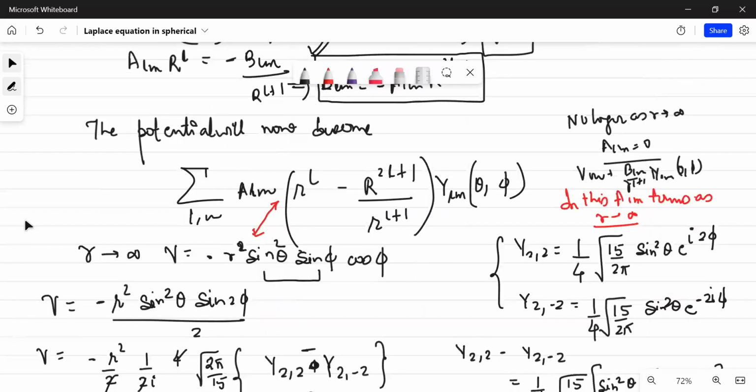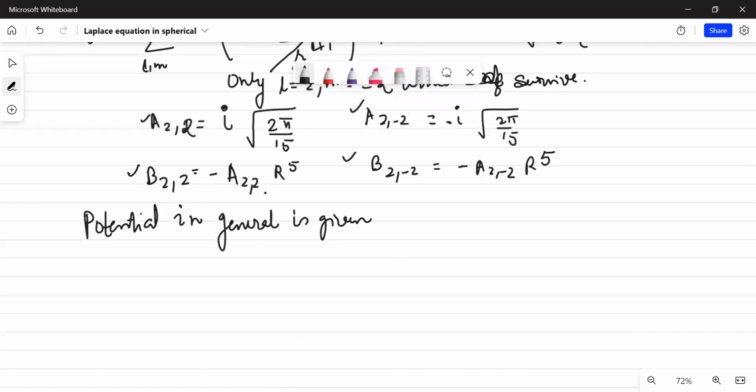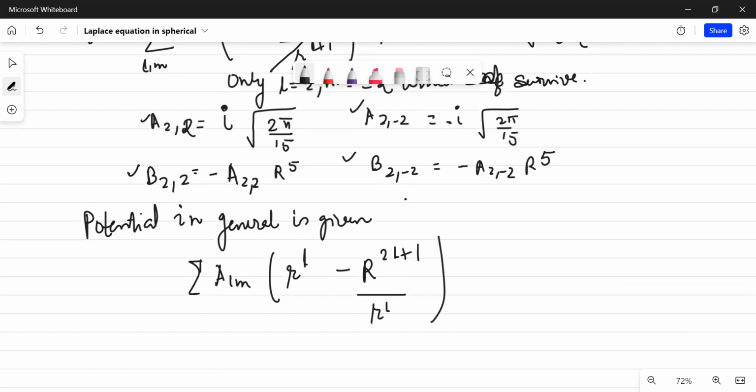So the potential in general can be written as a summation. This is what I wrote, A_lm, and I think if I'm not wrong, r^l here, and here we had minus R^(2l+1) divided by r^(l+1). So instead of even writing this B_lm, I will use this expression, because this is nothing but B_lm upon r^(l+1).